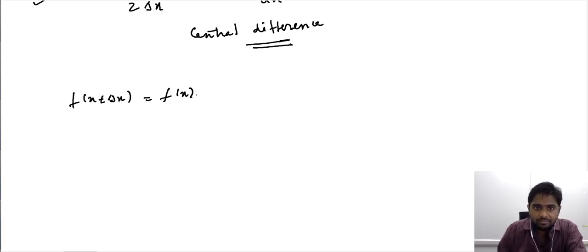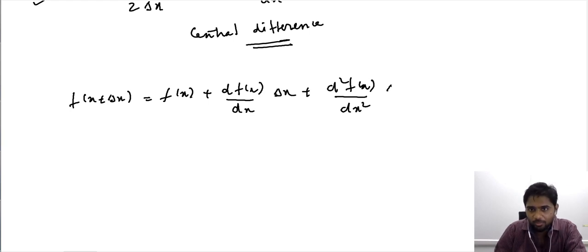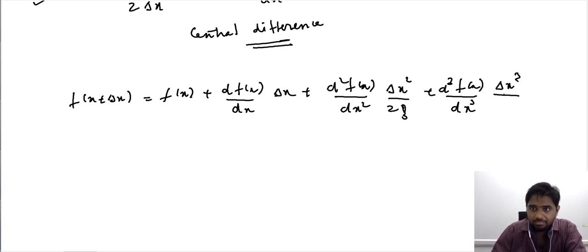So when you write the expansion of x plus delta x as something like this, dx, the second derivative. This is something that we have been writing for a while now, 2 factorial, and the third term, the third derivative of f of x, correspondingly delta x cube, 3 factorial, and so on and so forth.